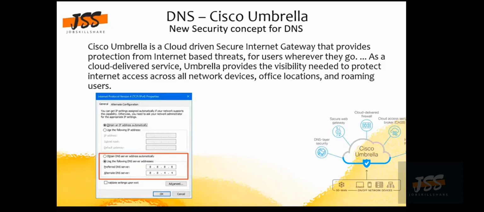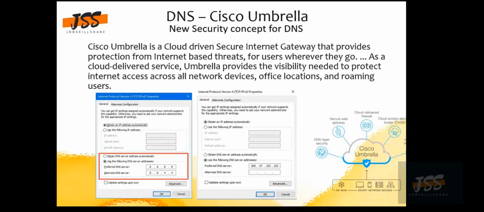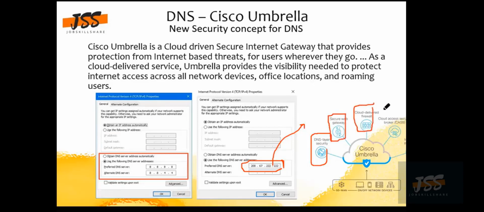In a simple example, you are just going to give the public IP of Cisco Umbrella. And basically what it provides, as I have mentioned here, is DNS layer security, secure web gateway, cloud delivered firewall, cloud access security, and interactive threat intelligence.